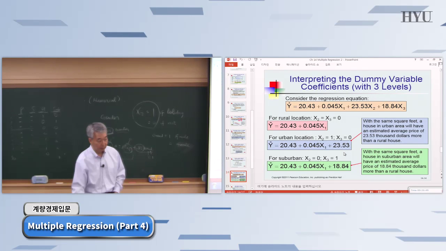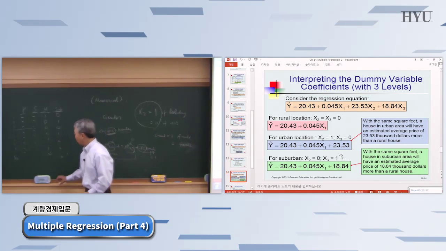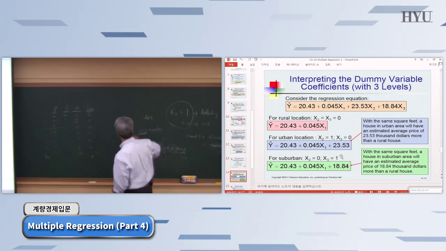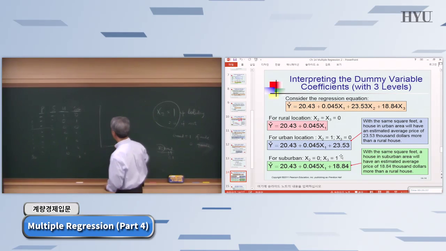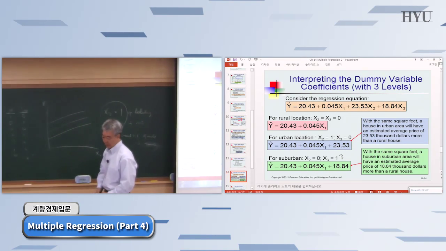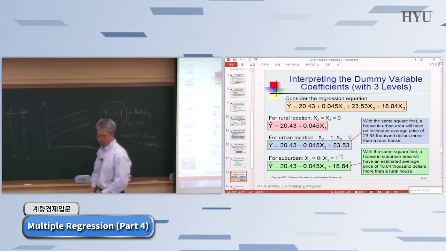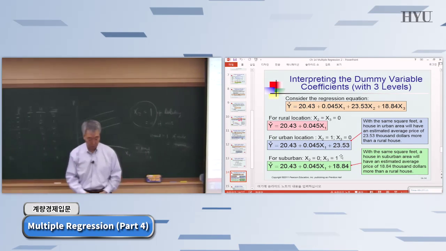So we have three separate cases of house price against X1.